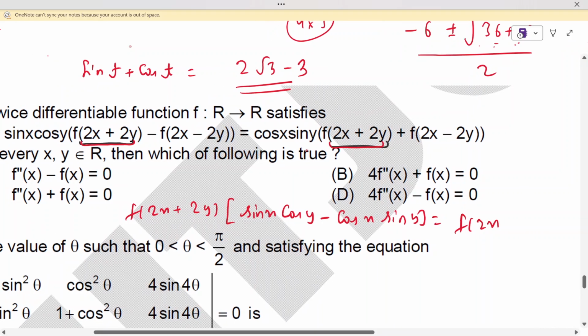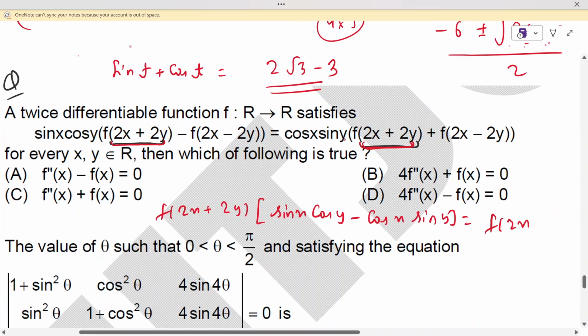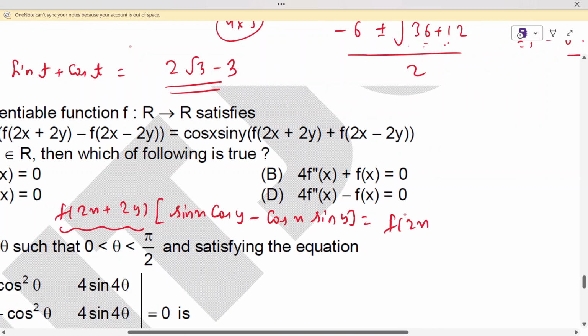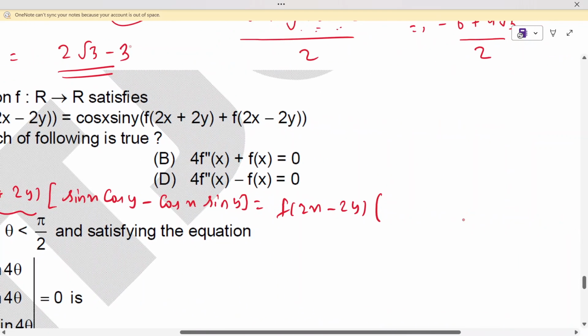I'm just taking this thing as common, like f of 2x plus 2y, on both sides, just making the subject sort of thing. So f of 2x plus 2y in this thing, and f of 2x minus 2y into cos x sin y minus sin x cos y.